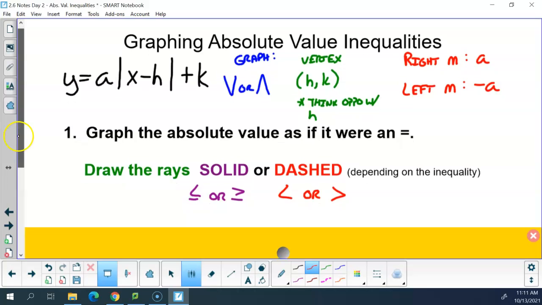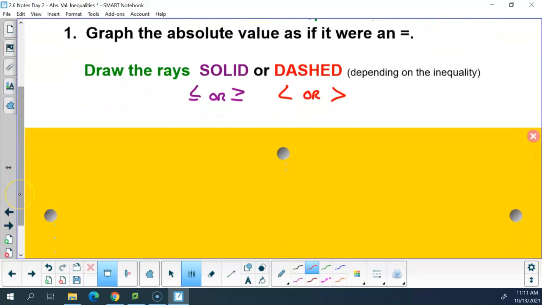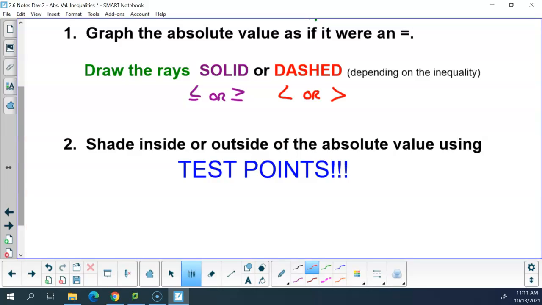Our second step then, just like when it was a linear one, is we're going to shade either the inside or the outside of the V now using the test point. So again, if the test point that you plug in gives you a true statement, you're going to shade that part, either the inside part or the outside part, depending where it is.